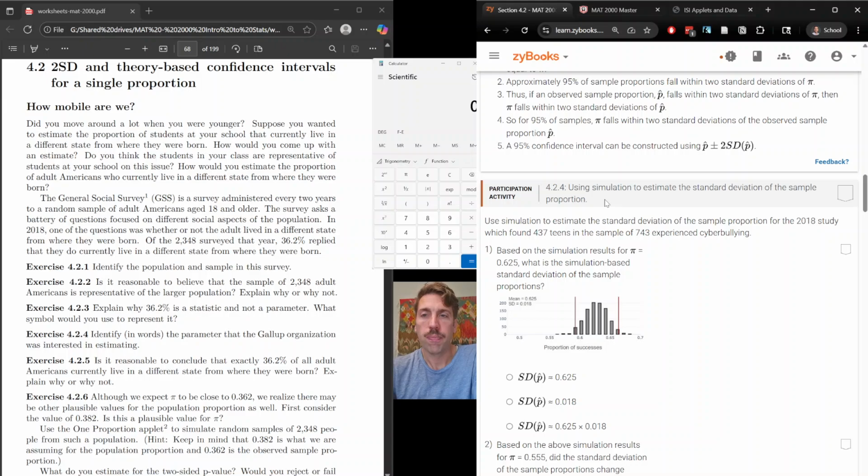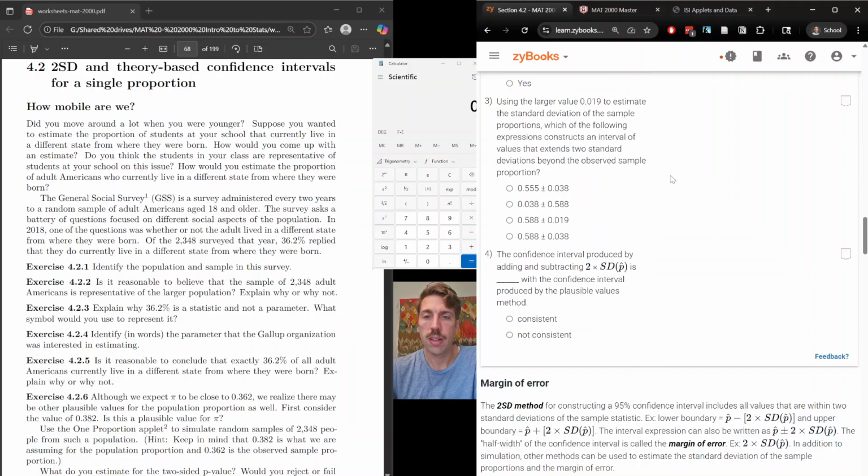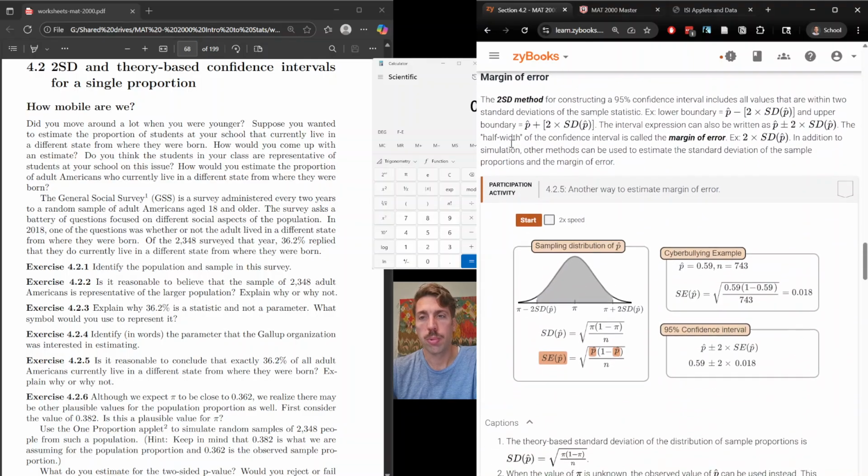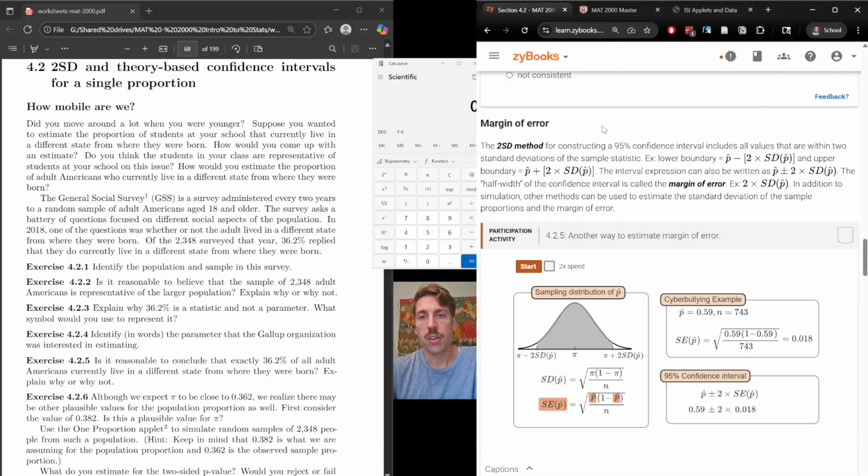We learned about the 2 times standard deviation method from last time, and we learned more about it this time. The 2 standard deviation method is basically you take your statistic and then add and subtract 2 times the standard deviation of the simulation samples.